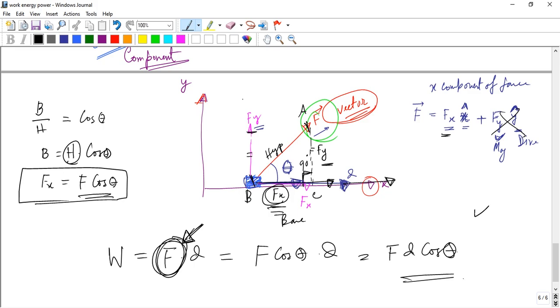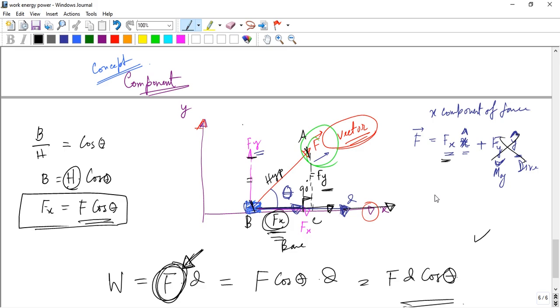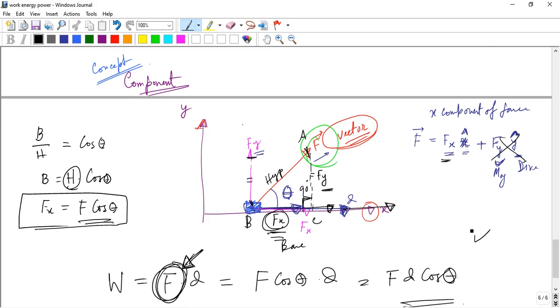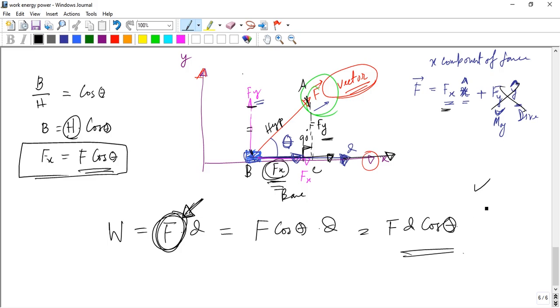There is also a concept here of the vector dot product, but in class 10 it's just a basic concept, and there is no question from here. Now it is clear what the x component of force is, and the relation between F d cos theta and work done, component wise.